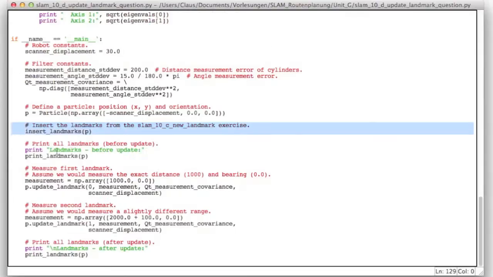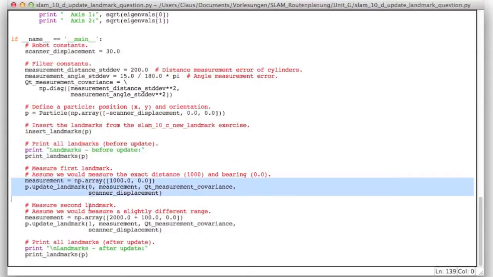And so after we inserted those landmarks, we print them, and then we update our first landmark, so landmark number 0, using this measurement that is a range of 1000 and a bearing angle of 0. And please note, in this case, we set the correspondence of the measurement to landmark 0 manually. So later on, we'll have to replace this by the code that assigns this measurement to the landmark with the maximum likelihood.